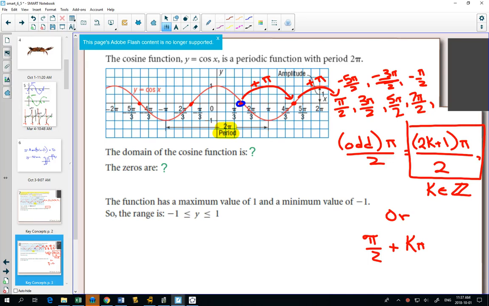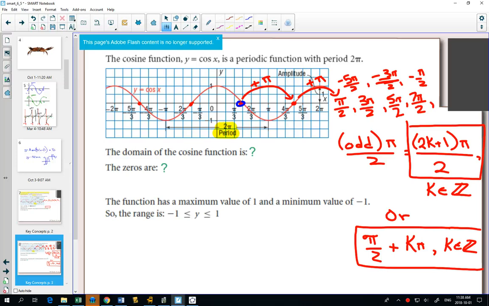If I add pi twice, I'd get 2 down. If I subtract pi once, I'd go back and get that one, where k is an integer. So you have 2 choices. And if you wanted to, in the first one, distribute the pi and simplify, you would get exactly this again.